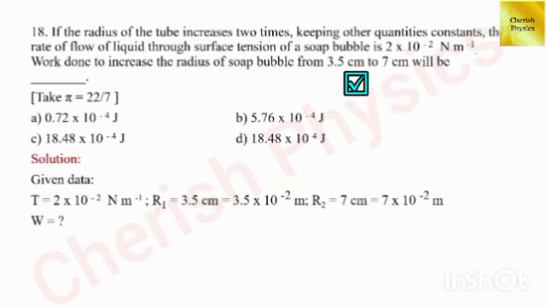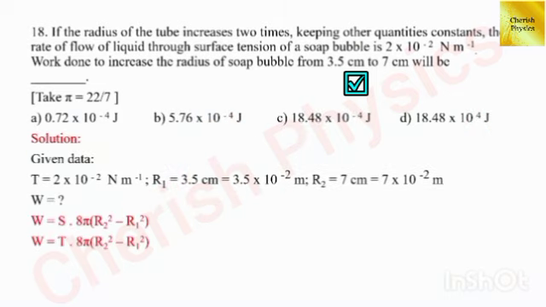First, the given data is T equal to 2 into 10 to the power minus 2 Newton per meter. Radius R1 equal to 3.5 centimeter, which is equal to 3.5 into 10 to the power minus 2 meter, and R2 equal to 7 centimeter, which is equal to 7 into 10 to the power minus 2 meter. We have to find the work done W equal to question mark.